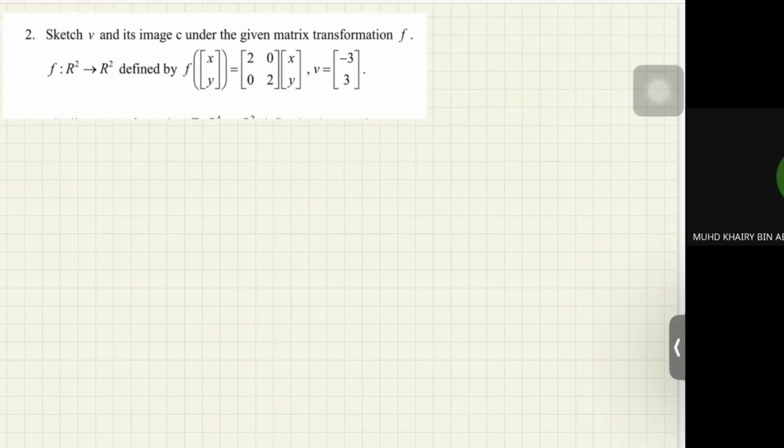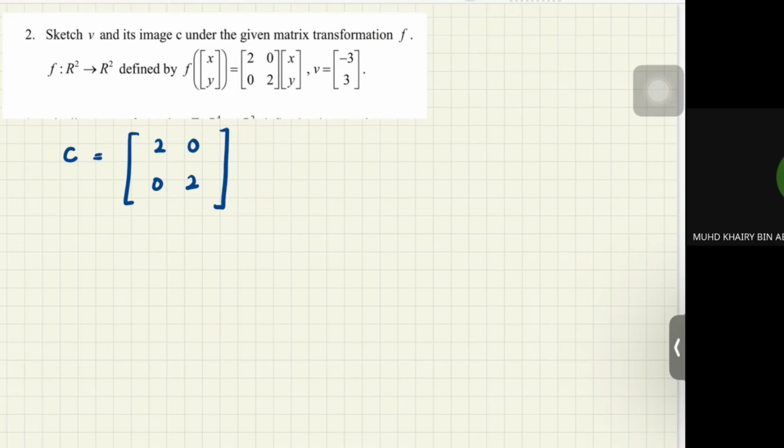Sketch V and its image C under the given matrix transformation F. So this is the given transformation F and this is your V. Now we want to find C, where C is the image. So C is equal to the transformation, the matrix [2 0; 0 2], times the vector V, (minus 3, 3).